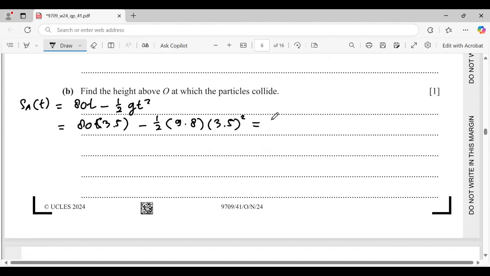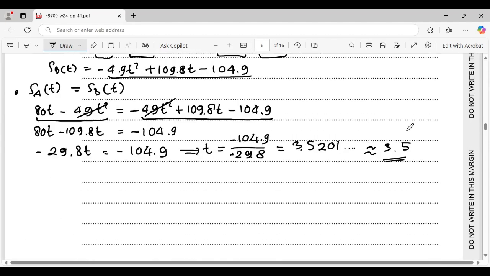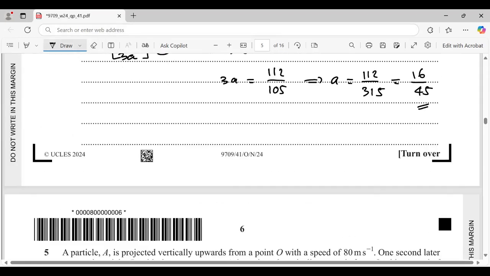And if you calculate, the result is 219.975, or 220 meters. I forgot just now, the unit is meters.